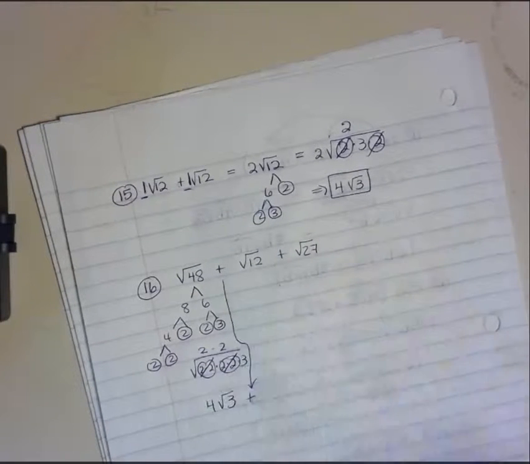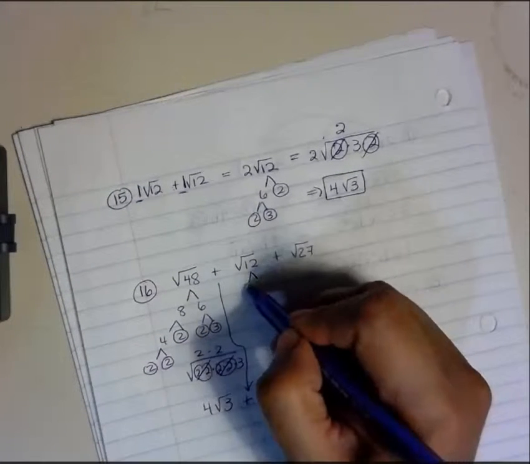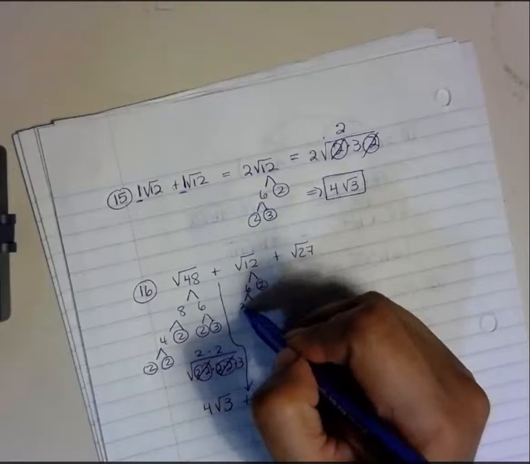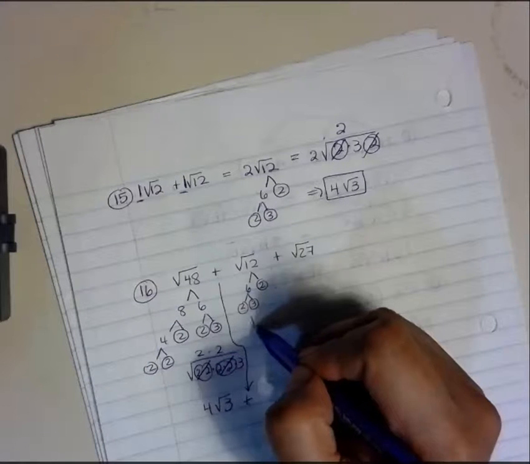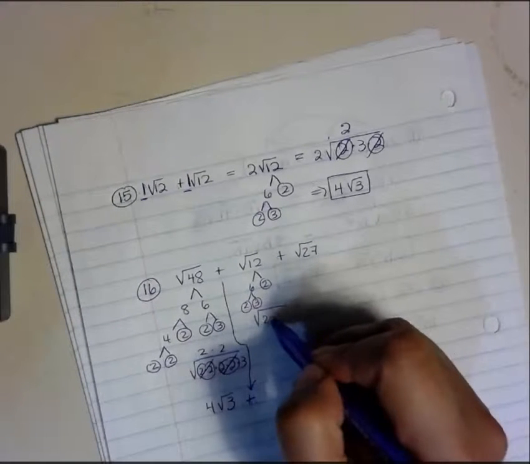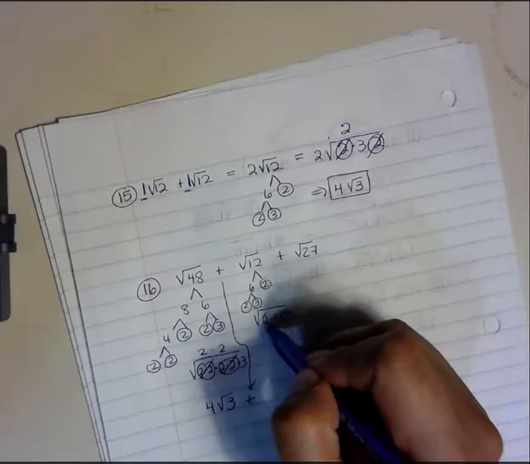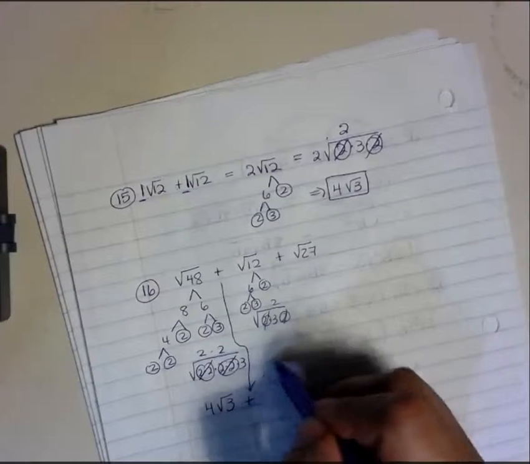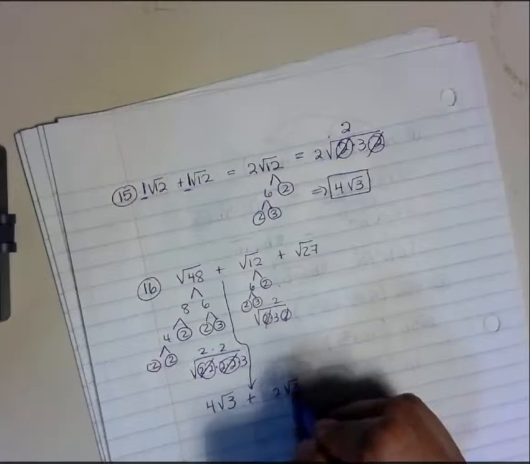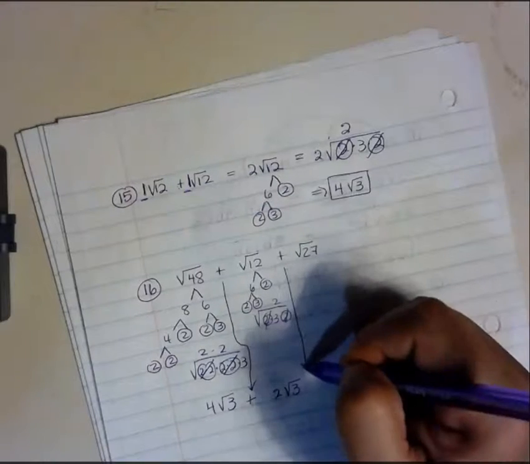We bring down the plus sign. This one is 6 times 2. 2 times 3 becomes radical. A pair of 2's comes out, so you get 2 radical 3. Bring down the plus sign.